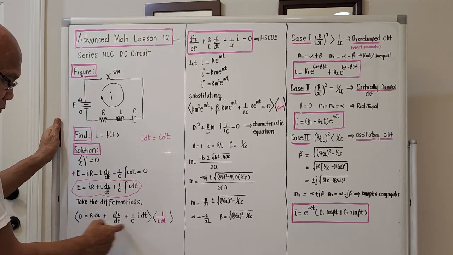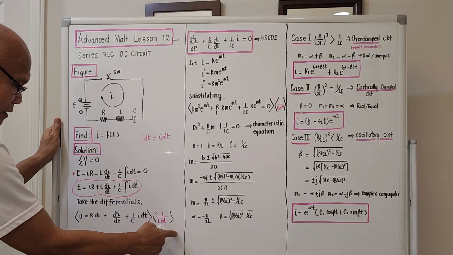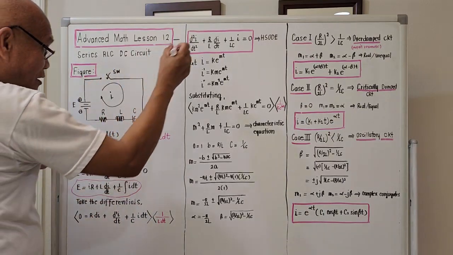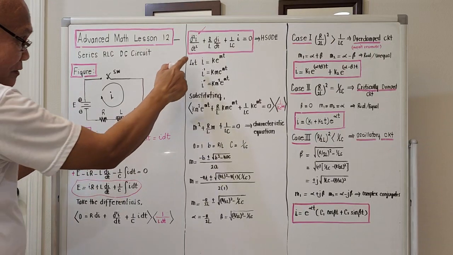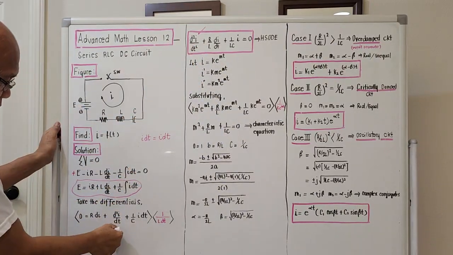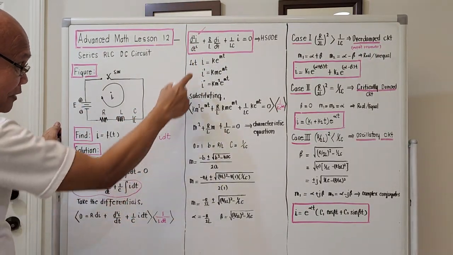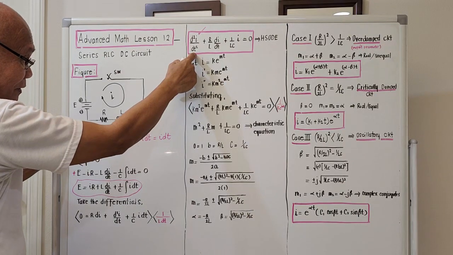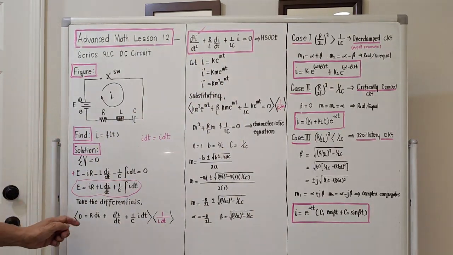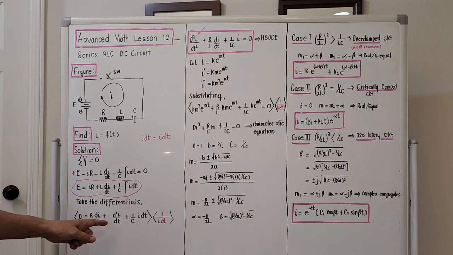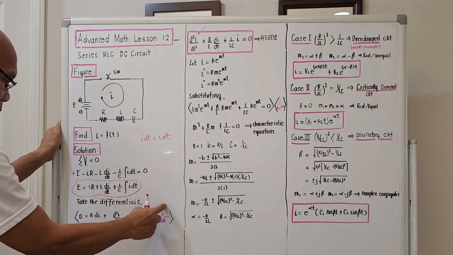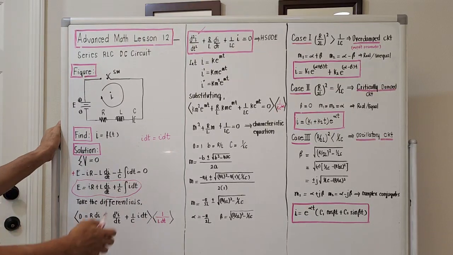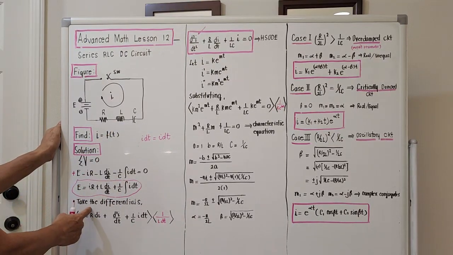So the first term is d square I over dt squared, because dt times dt is dt squared. What's next? This is R di times 1 over L dt. What will come out will be the ratio R over L.